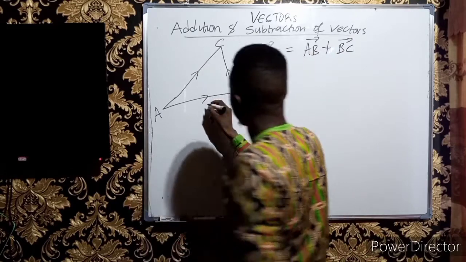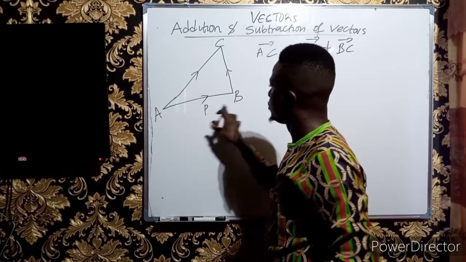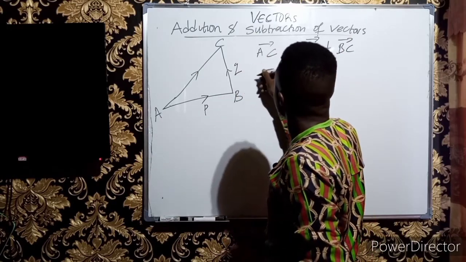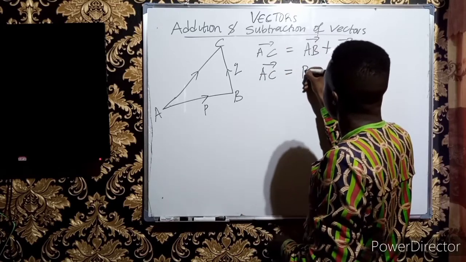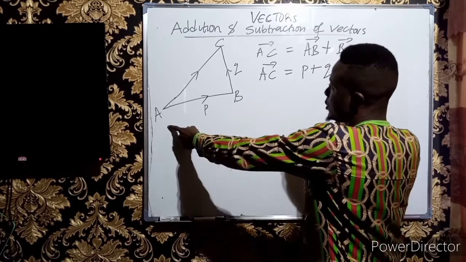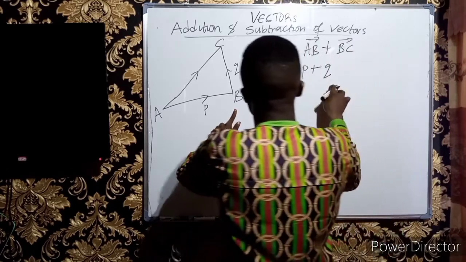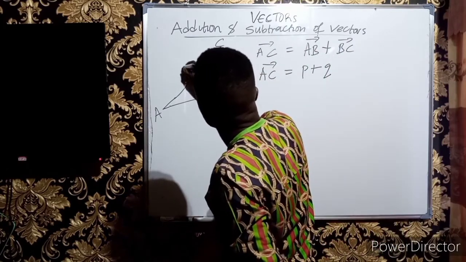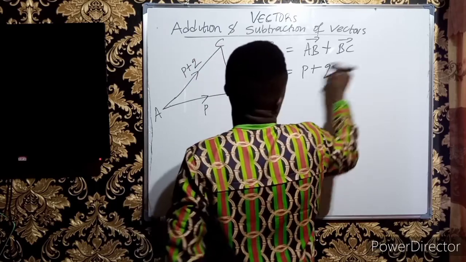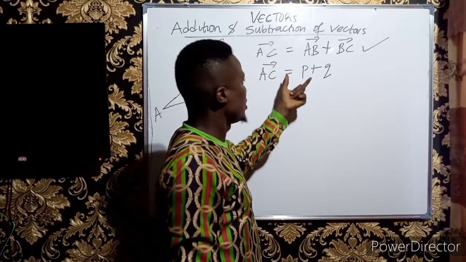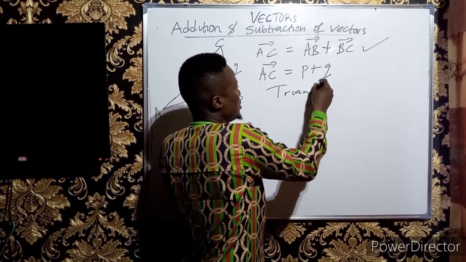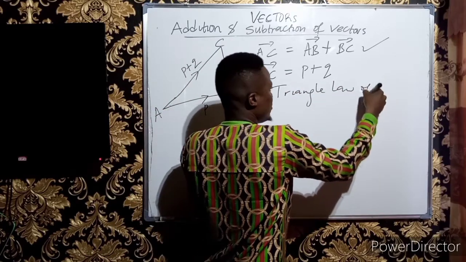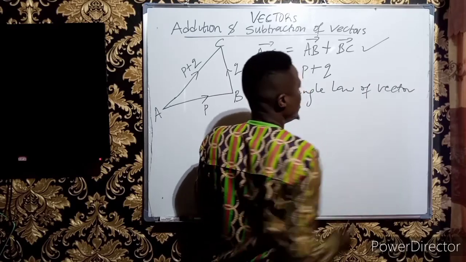Okay, now assuming this vector from A to B is P, and this is Q, you can now see that AC will be equal to P plus Q, because AB is P, while BC is Q. So I am free to write here P plus Q. This law is known as the triangle law of vector addition.